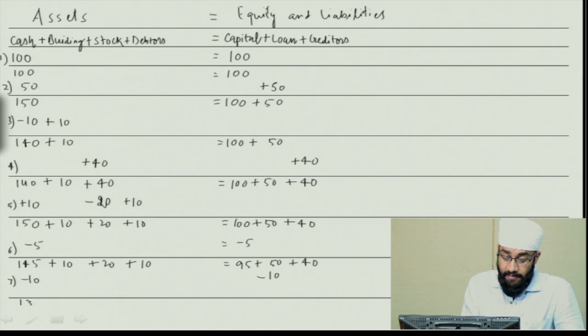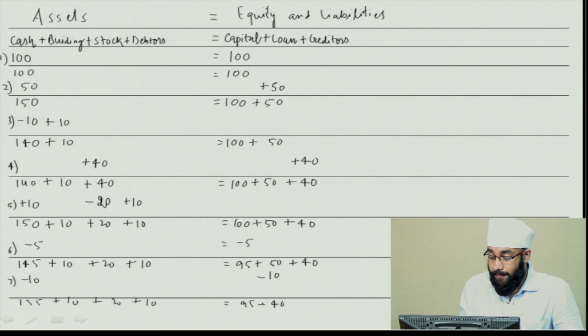So you end up having the total of both sides of the accounting equation equal, and this establishes the dual aspect principle, in the sense that all the transactions will impact at least two items in such a way that the accounting equation is always equal.